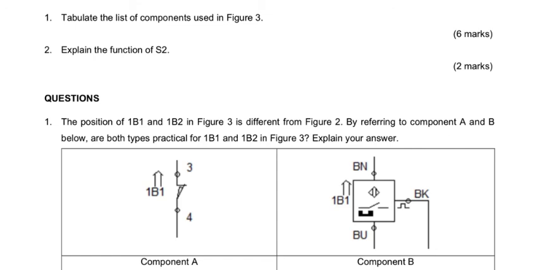Component A is a limit switch that can be operated manually. Component B is a magnetic proximity switch that has a reed switch that shows magnetic attraction, and we also know the proximity switch operates due to electromagnetic field interference caused by capacitance. From here, we can know that these two types are practically used for 1B1 and 1B2.